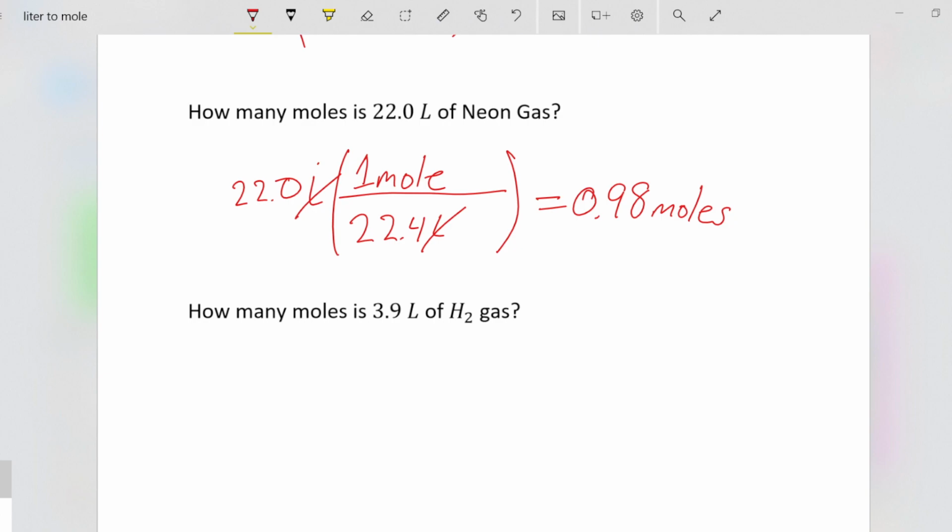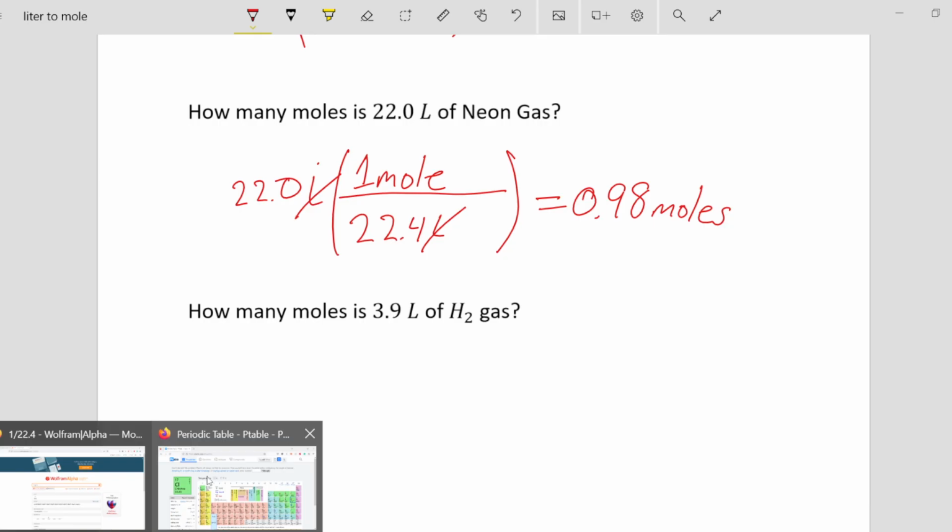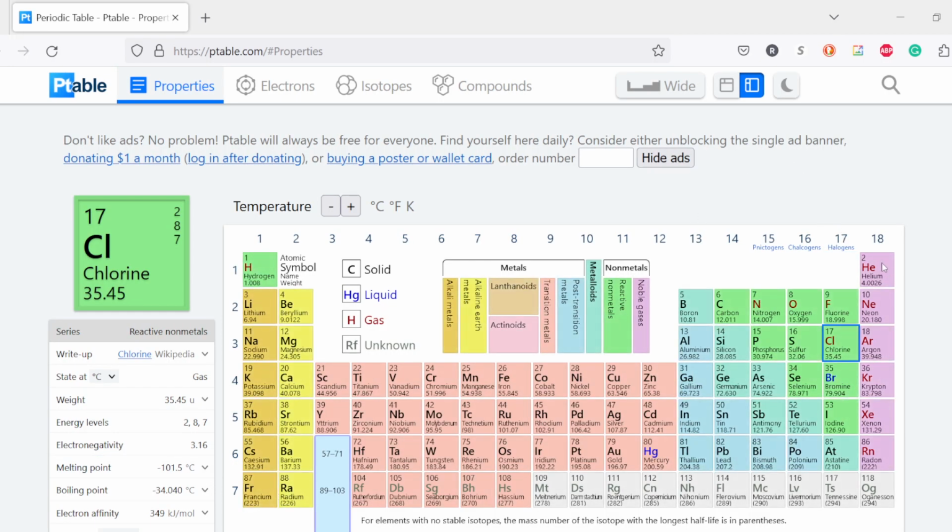Noble gases are neon, krypton, stuff like that, and they are pretty easy to pick out because they occupy the rightmost column on the periodic table: helium, neon, argon, krypton, xenon, and radon. These are all gases. At STP, they will obey this 22.4 liters per mole thing, but there's only one atom of them in a molecule.